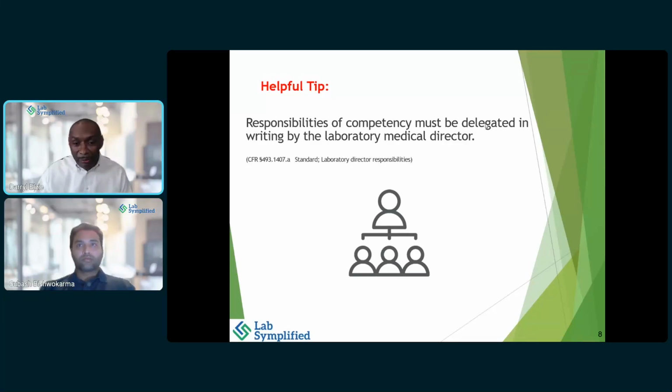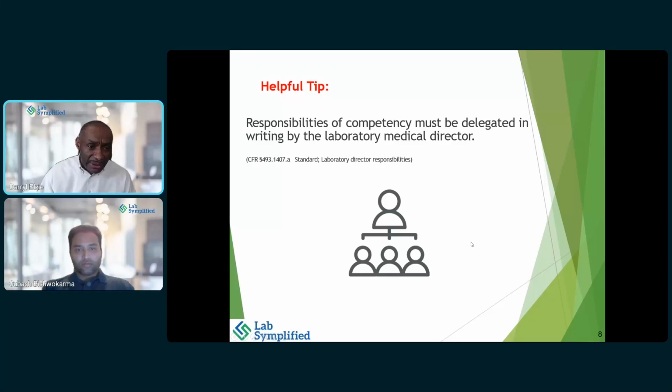You have the medical director, but then you have all these other staff in positions like technical consultant, technical supervisor, and general supervisor. Those roles have to be delegated in writing. Usually, when you write that delegation, you should not put any names there, just positions. We're going to talk later about where those positions go and why you want to do it like that. But you really should have that written delegation.